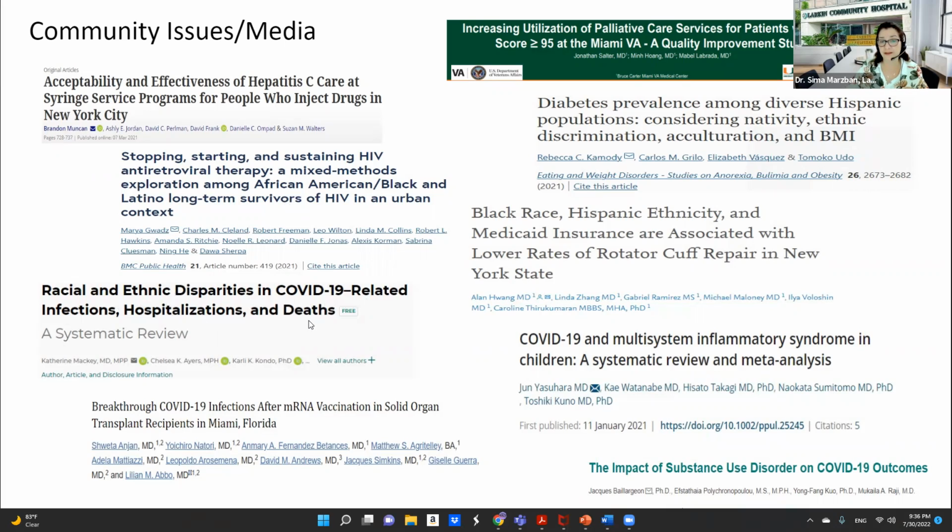It's important to know which population subgroups suffered more from COVID-19, to find disparities and inequities. Breakthrough COVID-19 infections after vaccination in solid organ transplant recipients in Miami, Florida. So you see, these are problems and issues of a part of the community.